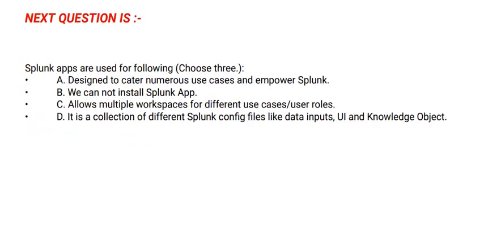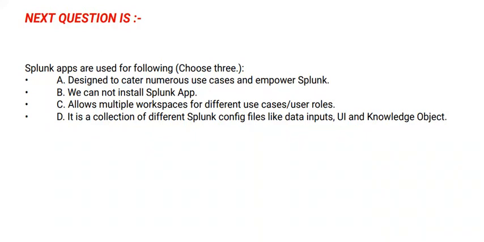Next question is, Splunk apps are used for following. Choose 3 options. And the options are Option A, designed to cater numerous use cases and empower Splunk. Option B, we cannot install Splunk app.